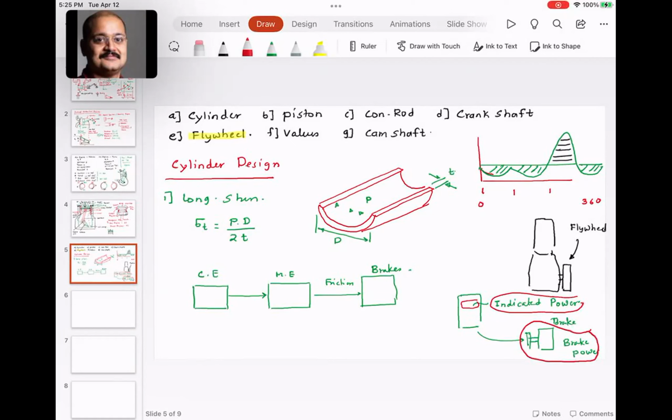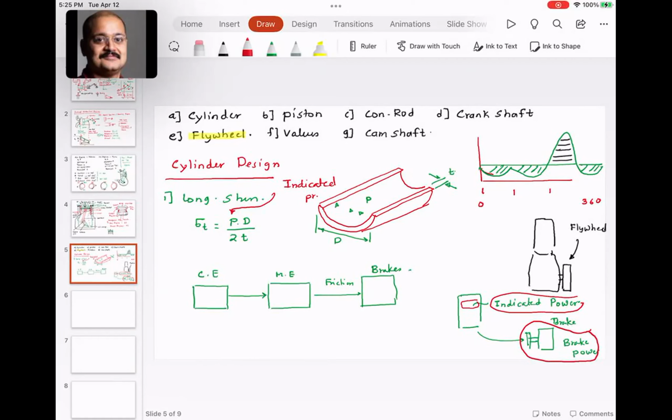So this pressure is the pressure inside the cylinder. So this is actually indicated pressure. And if you look at the PV diagram, it would show you the indicated pressure.